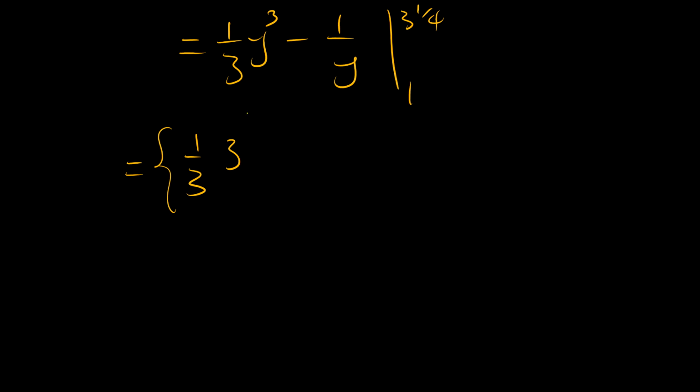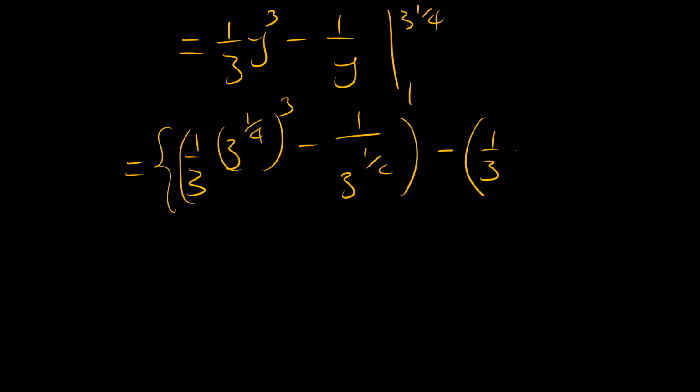So we've come to a point where we have a third y to the power, and it becomes 1 over, minus a third minus 1, because when y is 1, this becomes a third, and this becomes 1.